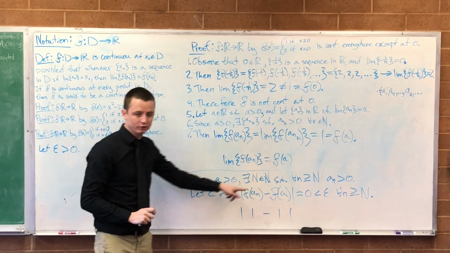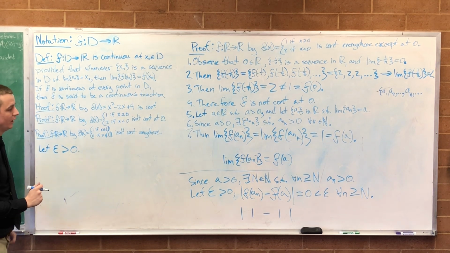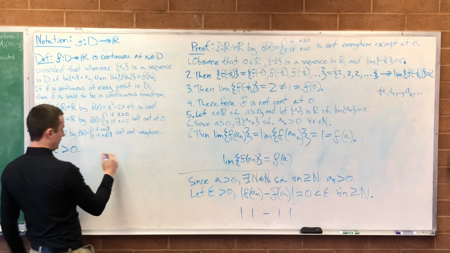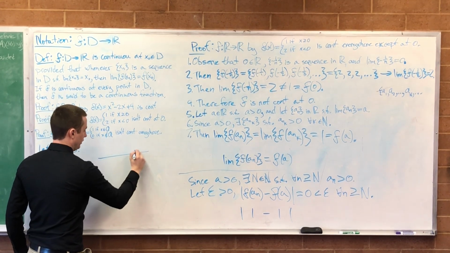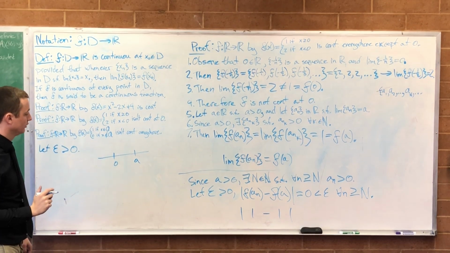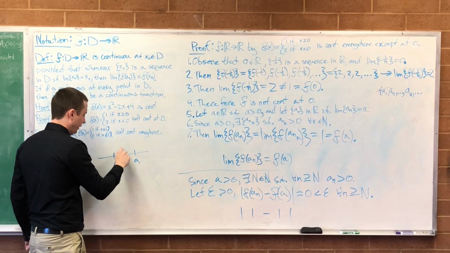That's usually where a lot of our work goes in, right? Because then I have to say, here's 0, here's a, epsilon some positive number, doesn't matter what it is.